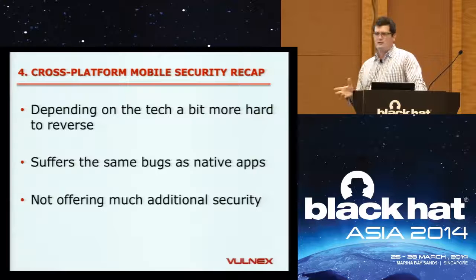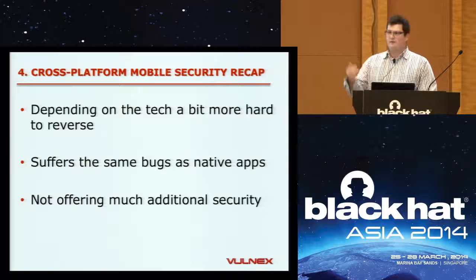So it's a bit harder at the moment. We can also see they suffer the same bugs as regular and native apps. We have seen all these kinds of security issues from the OWASP list before. And so far, in general, they don't offer much more security at all.